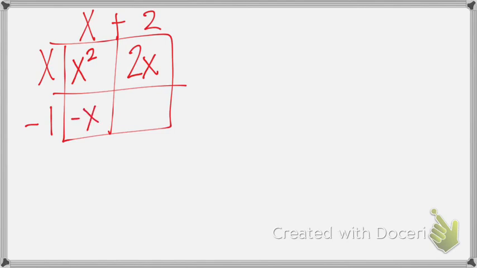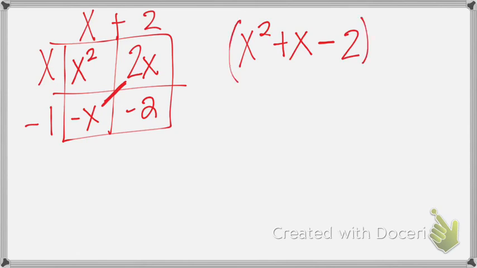Caesar, 2 times negative 1. Negative 2. Now, we can combine, right? These right here. So we've got an x squared, negative 1 plus 2, or 2 minus 1, whichever way you look at it, plus x minus 2. So that's my product of the first 2.